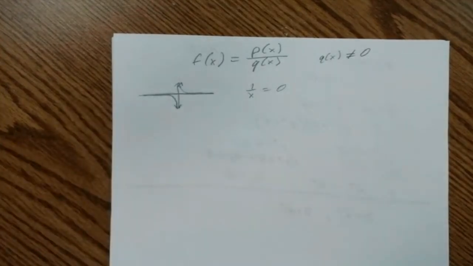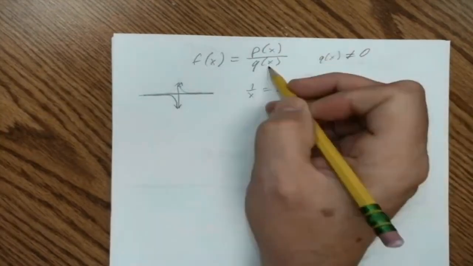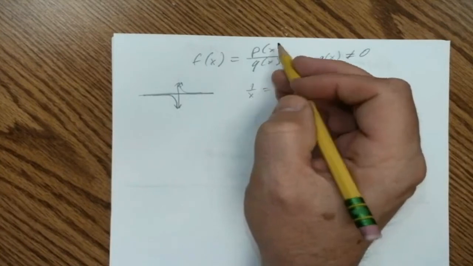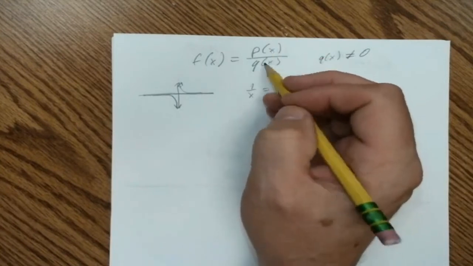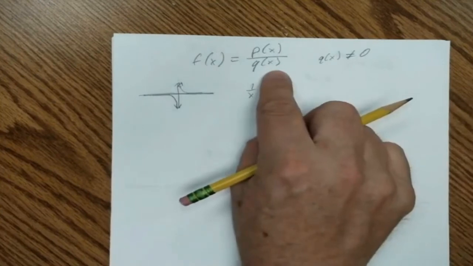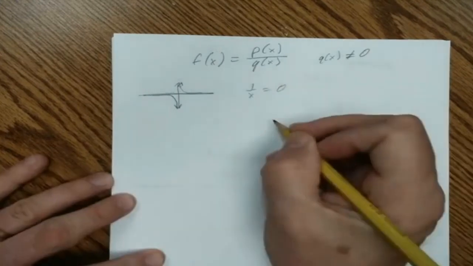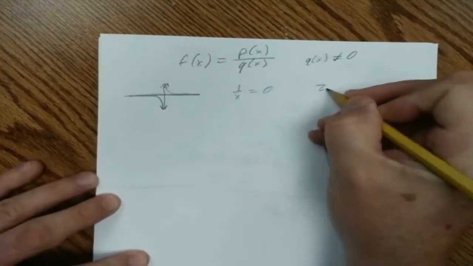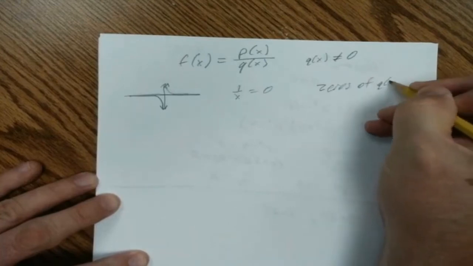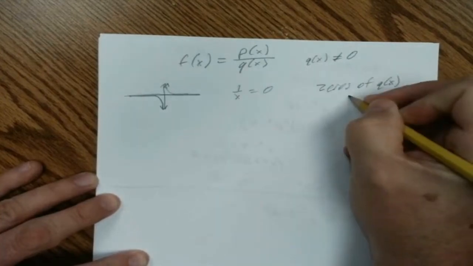So if we have a rational function p of x over q of x, where they don't have any common factors, then we can find the vertical asymptotes: the zeros of q of x.